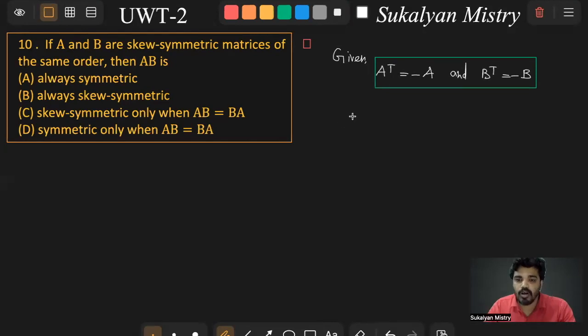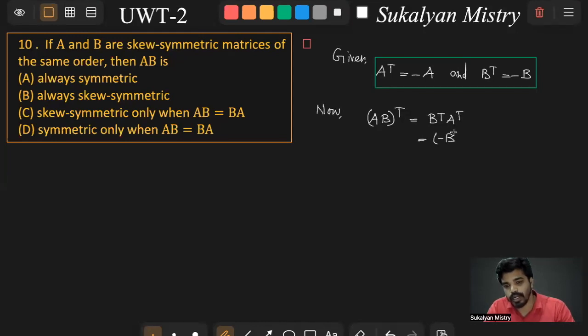Now, if AB transpose gives AB then it is symmetric, and if AB transpose gives -AB then it is skew symmetric. So AB transpose will be B transpose A transpose, right? B transpose is -B, A transpose is -A, so that is BA. It should be noted that matrix multiplication is not commutative, but matrix multiplication is associative.